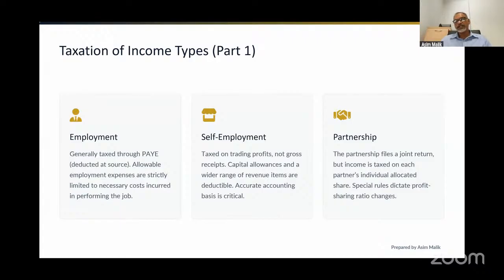So it could be that one partner is paying taxes on a 20% basis and the other partner is paying at 45% because it goes to their own circumstances. Again, their loss allocation is based on their individual circumstances rather than the partnership. Right.